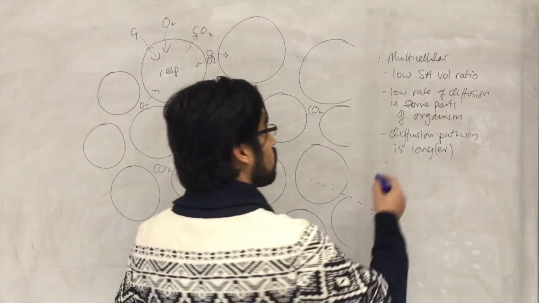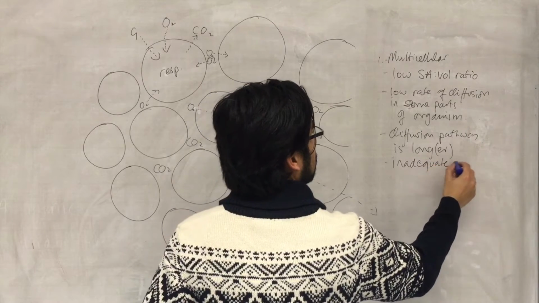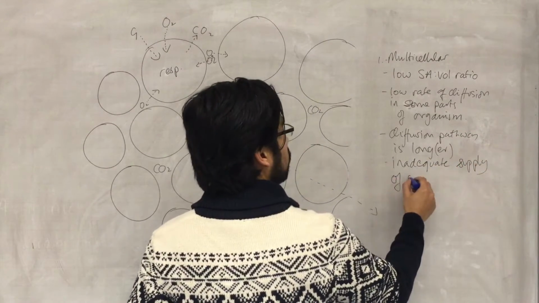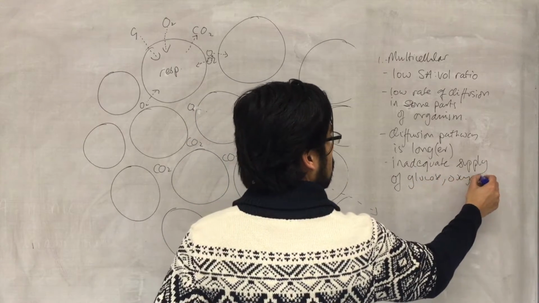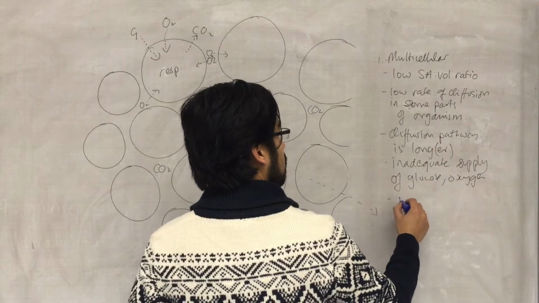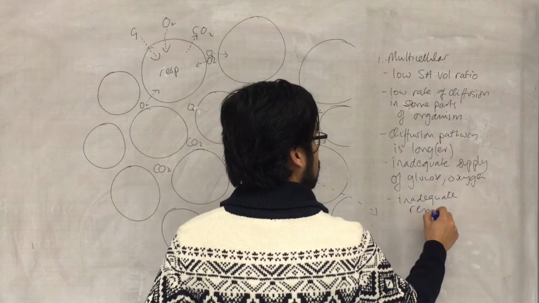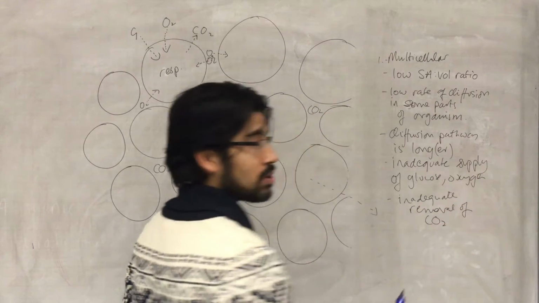And so we have an inadequate supply of glucose, oxygen, and inadequate removal of wastes such as CO2.